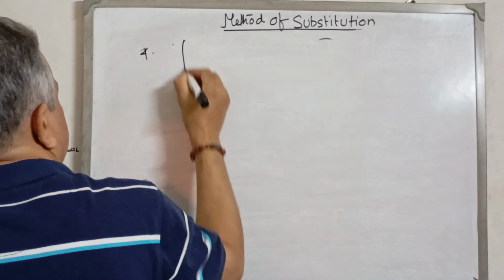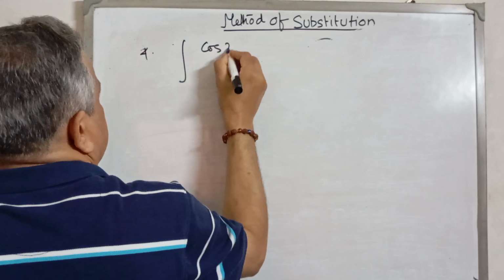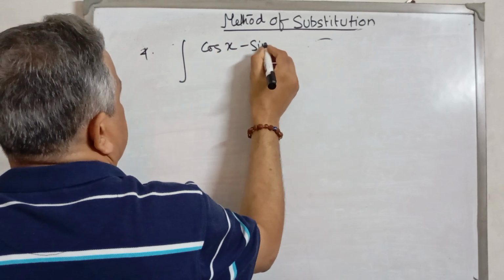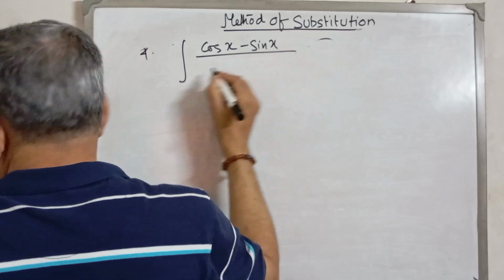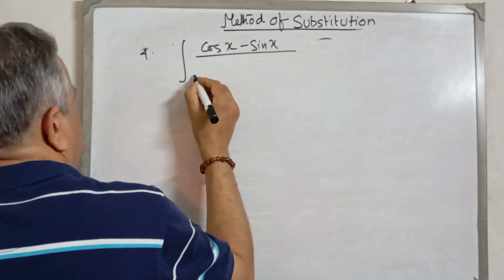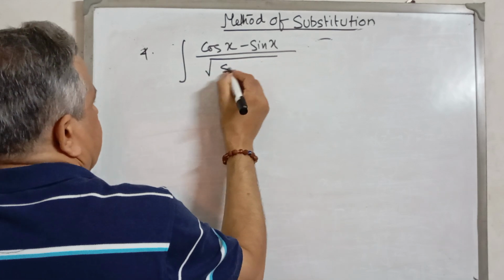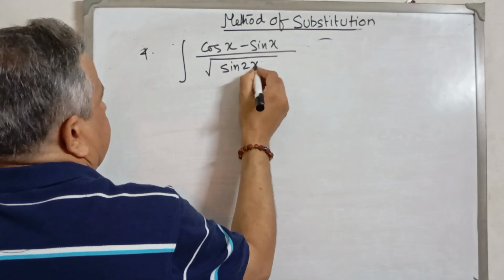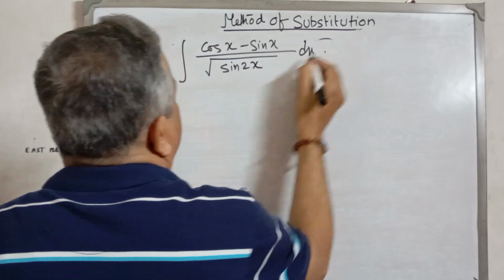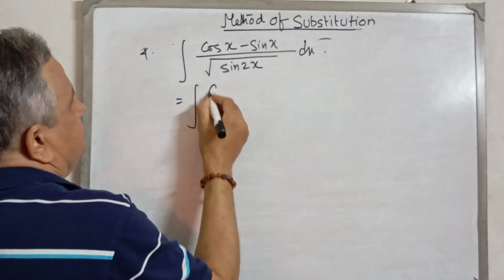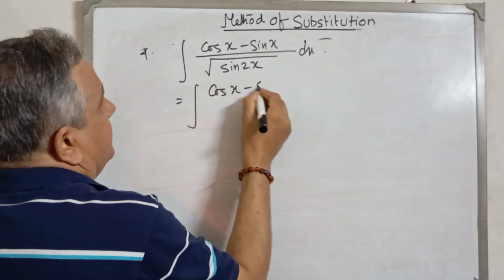Integration of cos x minus sin x divided by root over sin 2x dx. Numerator as it is.